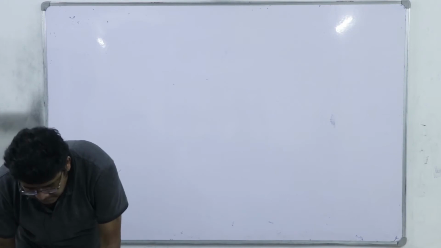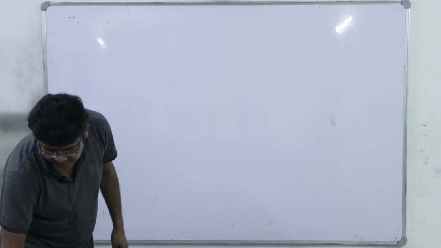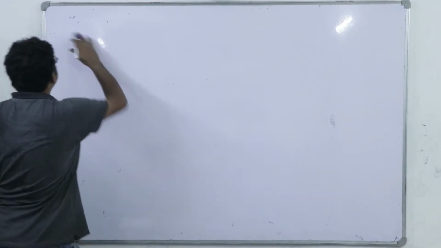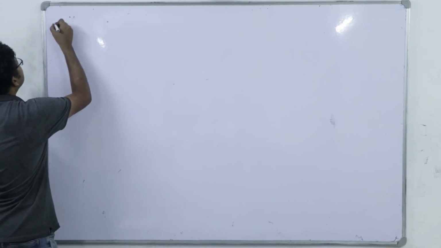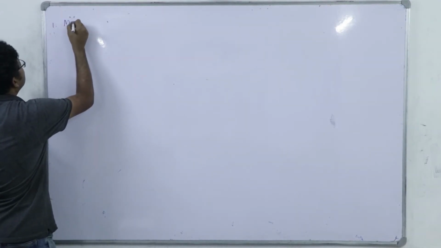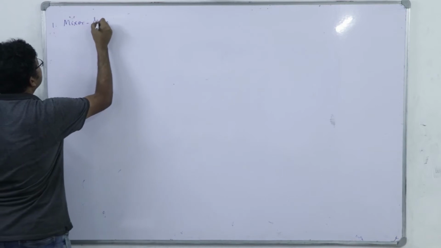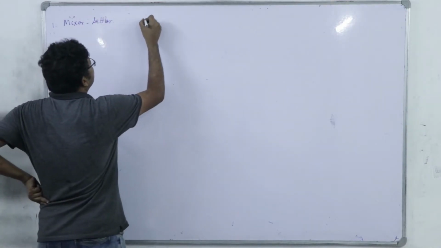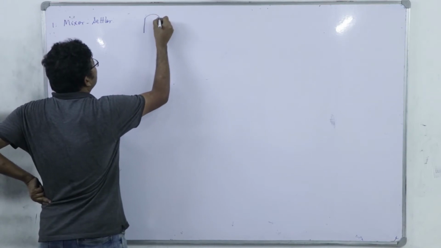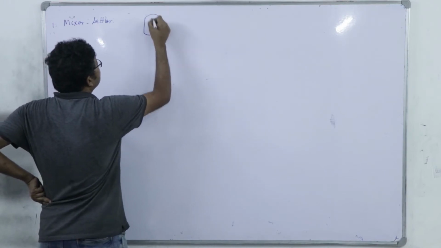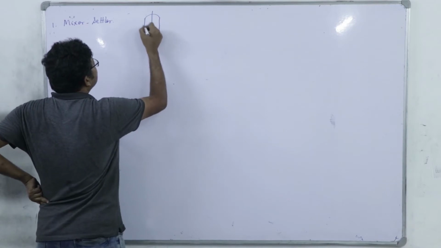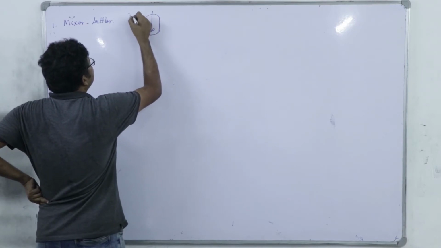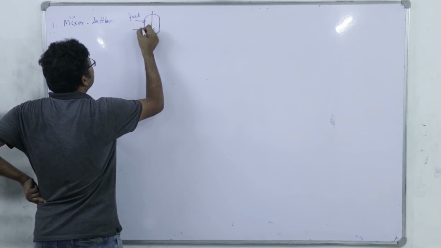The first one, you see, mixer settler, right. So, mixer settler, as we have discussed, we have a mixing tank where we have the feed and the solvent.